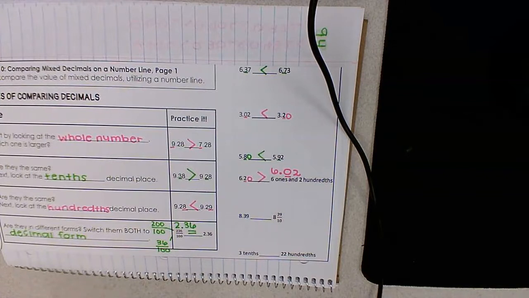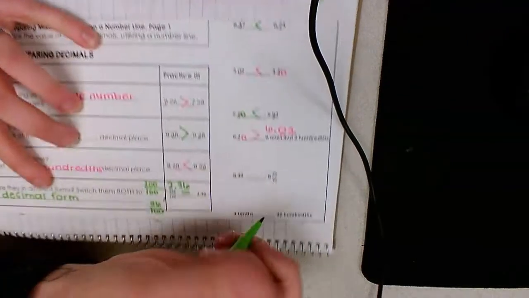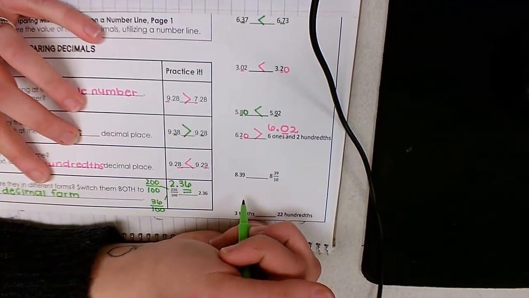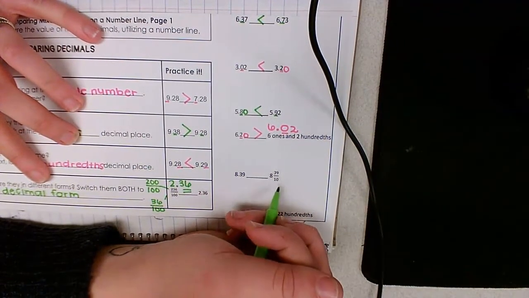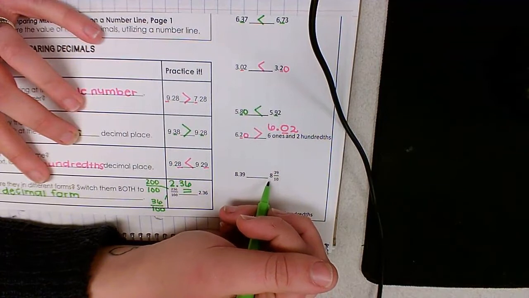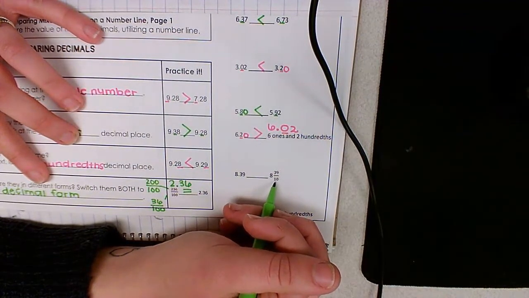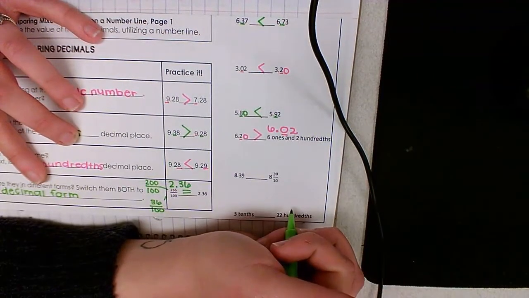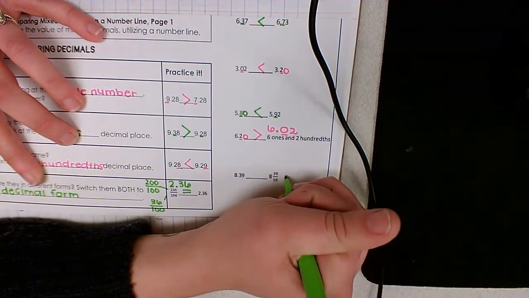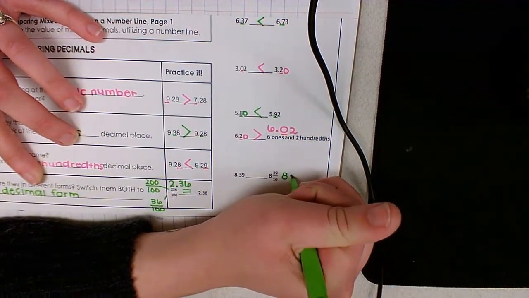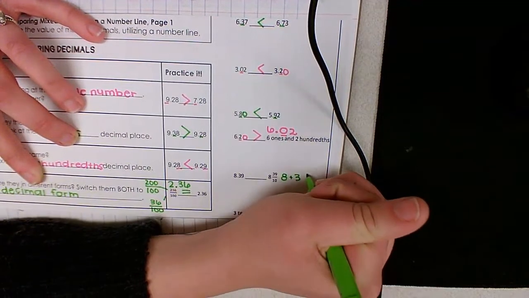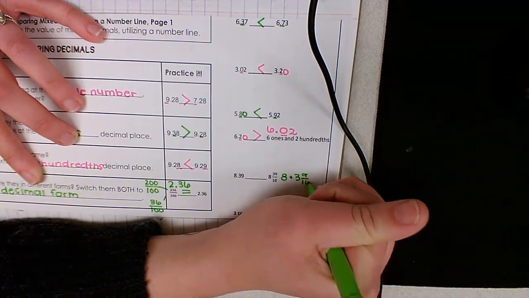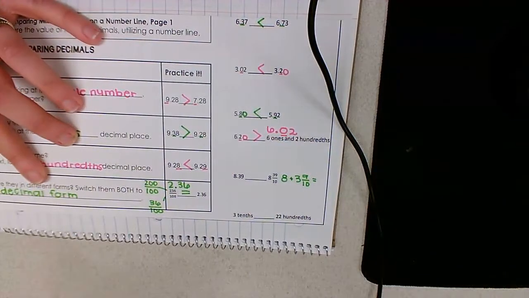All right, let's try this one right here. We have 8 and 39 hundredths, and we have 8 and 39 tenths. Okay, so we have an improper fraction next to the number 8. 39 tenths would be the same as saying 8 plus 3 and 9 tenths.